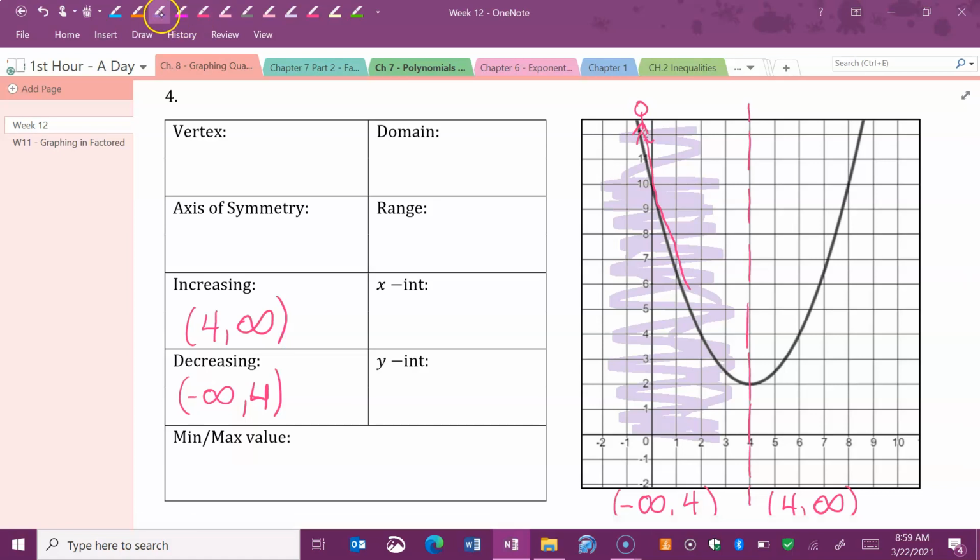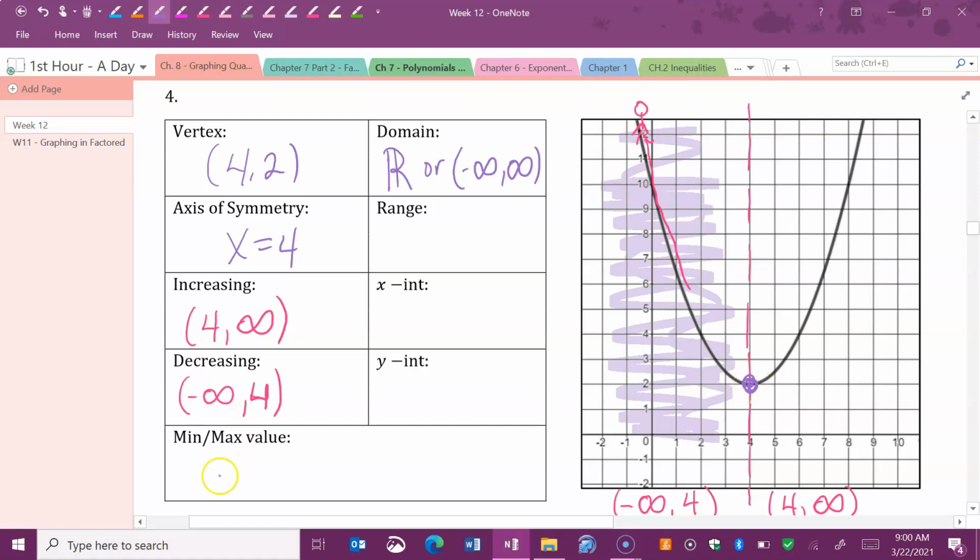That vertex is at (4, 2). That axis of symmetry is at x equals 4. That domain is always all real numbers, or -infinity to infinity. That is a minimum, that vertex, and it has a minimum value at 2.